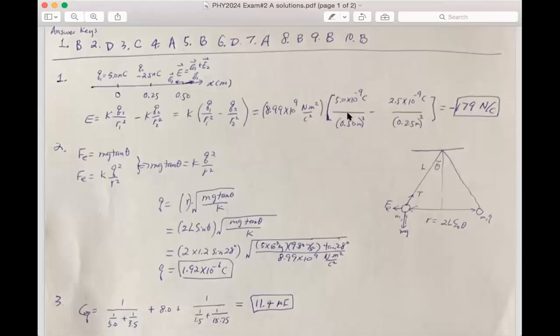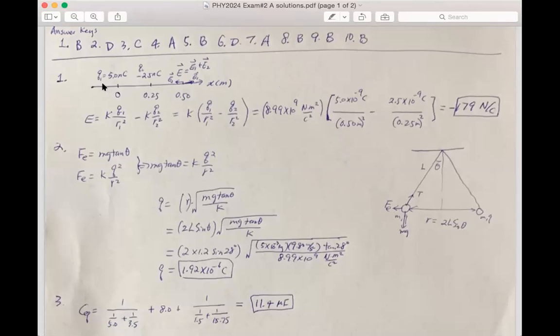So this is the solution to version A. If you got the exam file number at the end labeled as 1471013, then you have version A. Now I don't have the problems written here, but you can refer to yours. The first one on version A is about electric field.